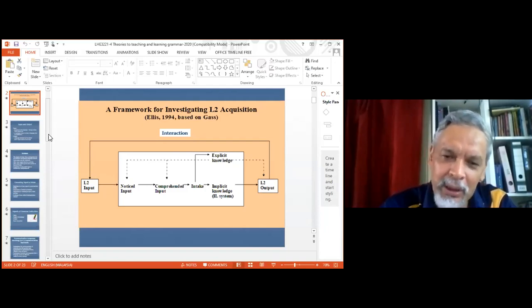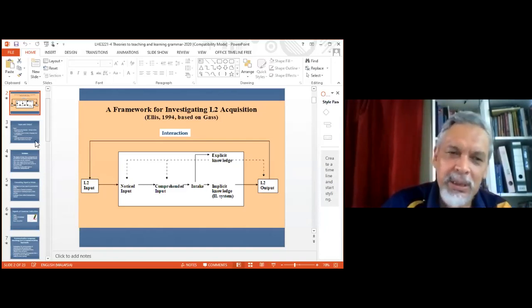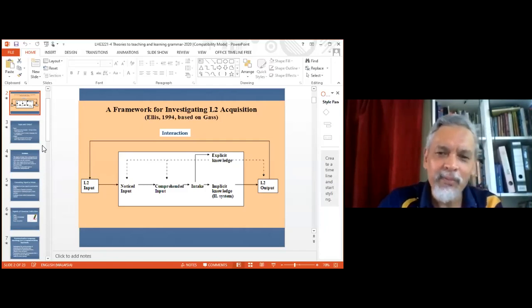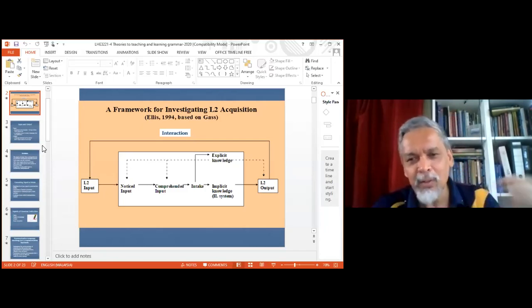So your interlanguage moves slowly towards the target language system. So the idea is that you form various interlanguages and you move along this continuum.